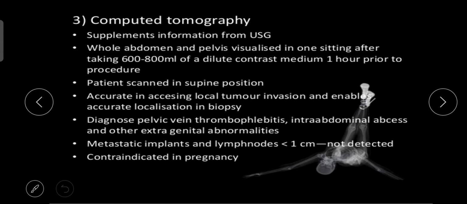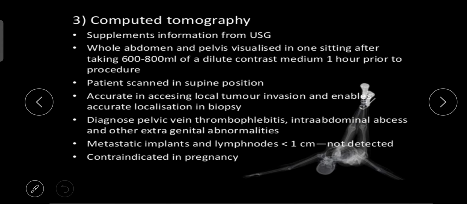Next one is CT scan. This is also a common investigation done for any case. In that they will get accurate information, supplementing the ultrasonography, with whole abdomen and pelvis visualization in one sitting after taking 600 to 800 ml of diluted contrast media 1 hour prior to the procedure.